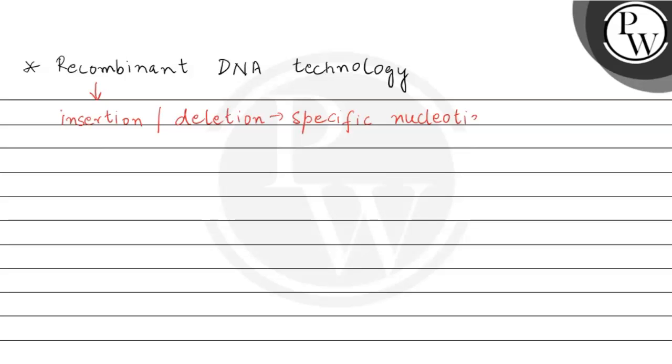So the discovery of this enzyme helped us in making recombinants like recombinant DNA or plasmids for cloning of a gene of our interest into different organisms. So restriction endonucleases play an important role in genetic engineering.